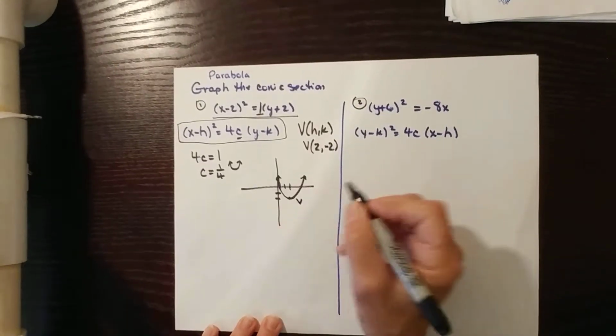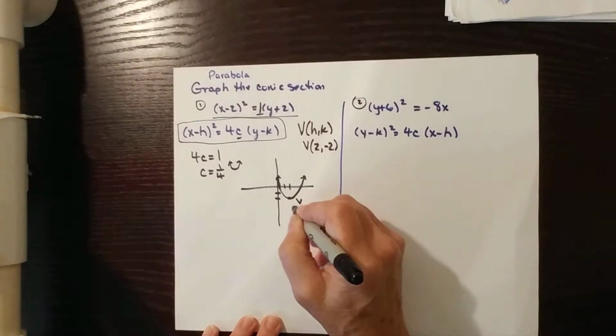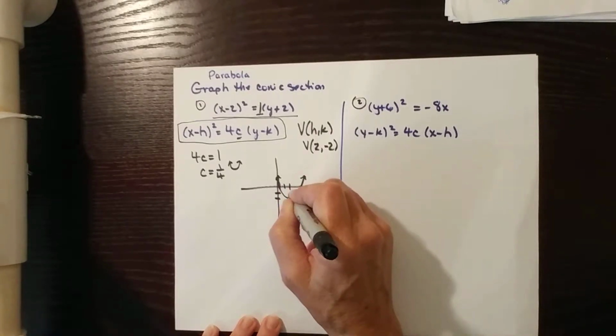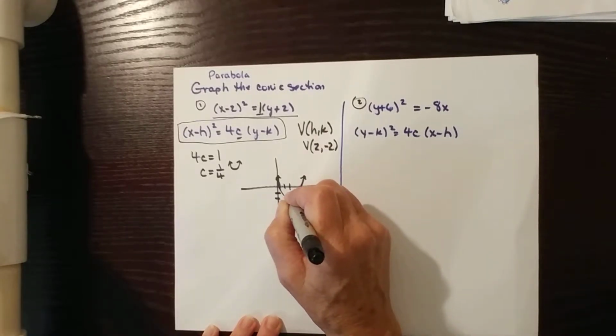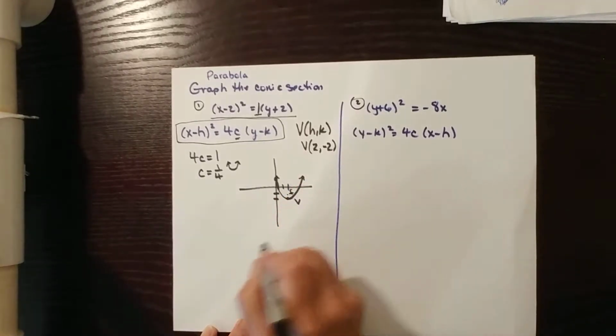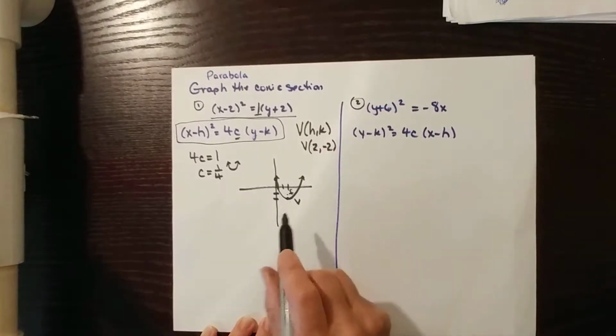This is the vertex. The focus will always lie inside of the conic section. The focus is going to be in line with the vertex, so it's going to be in line right here, 1/4 of a unit up. I'm going to put it about right there, F. Now I will label very clearly the vertex is at (2, -2).